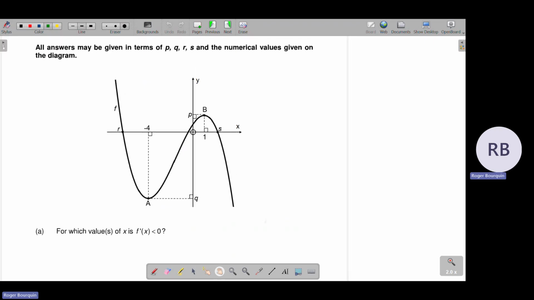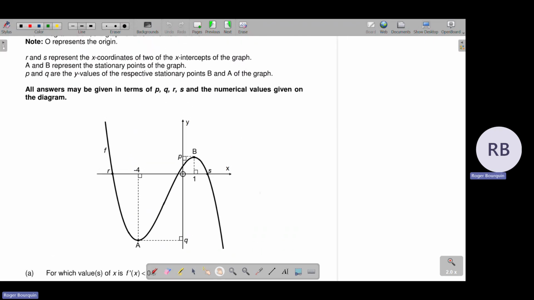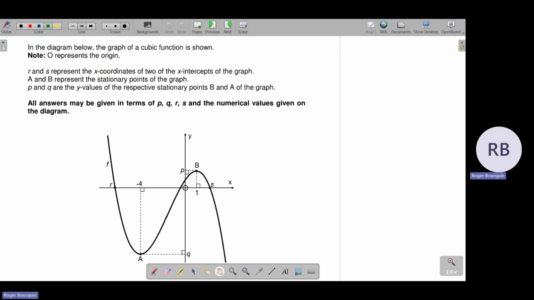So the first question is you using the graph, guys. It's going left to right down. Oh, that's right.